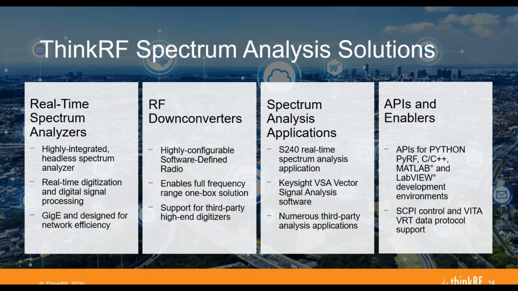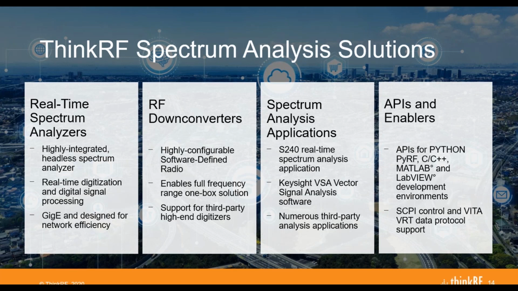So in terms of what ThinkRF provides, we have the whole gamut of provision, if you like. We go from real-time spectrum analyzers, which are essentially headless, highly integrated analyzers based on an analog front-end system with a back-end digitizer, and it allows network ability through a GigE interface as well.